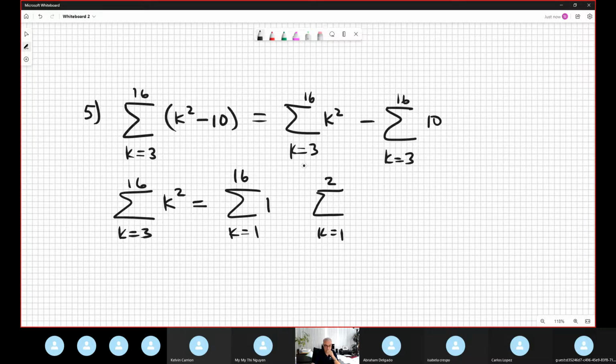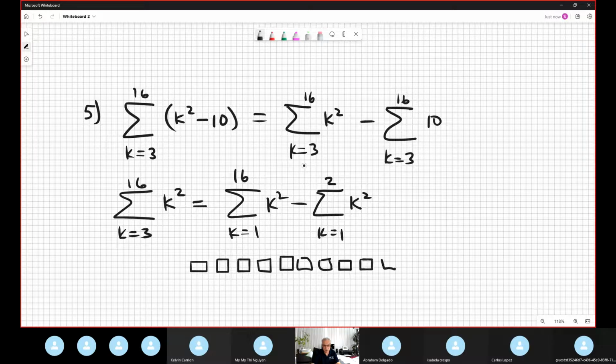Look, this is k squared, this is k squared, and this is of course minus. Actually, I need to compute it. Look, this is 1, this is 2, this is 3, 4, 5, 6, 7, 8, 9, 10, 11, 12, 13, 14, up to 16. The part I try to find is from k equals 3.